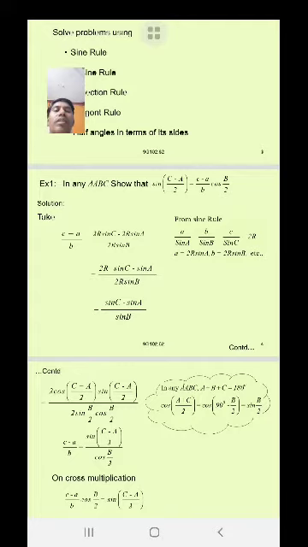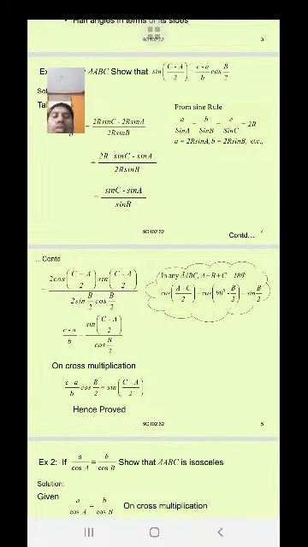The remaining terms are (sine C minus sine A)/sine B. In the numerator, sine C minus sine A is in the form of sine C minus sine D, and the formula is 2 cos((C plus D)/2) sine((C minus D)/2). So we can write 2 cos((C plus A)/2) sine((C minus A)/2) over sine B, which can be written as 2 sine(B/2) cos(B/2).